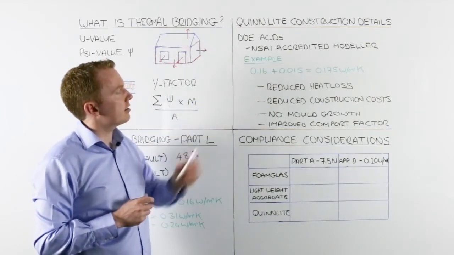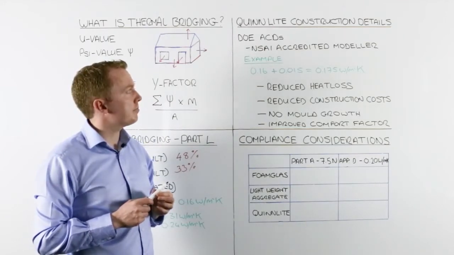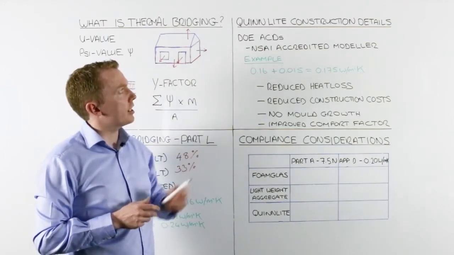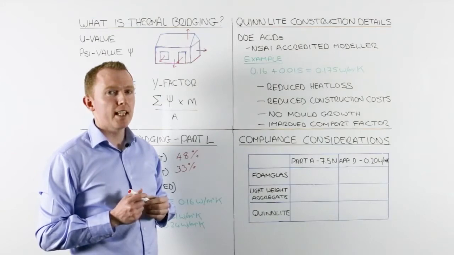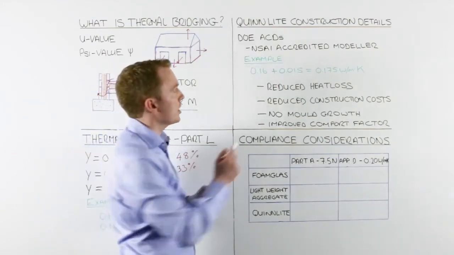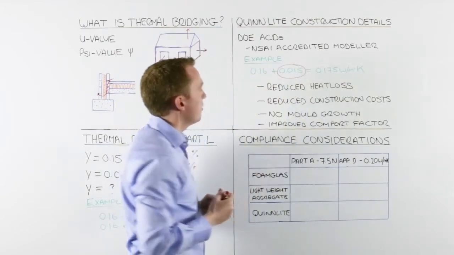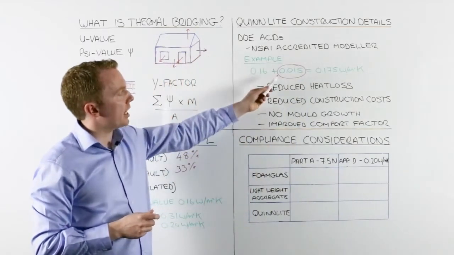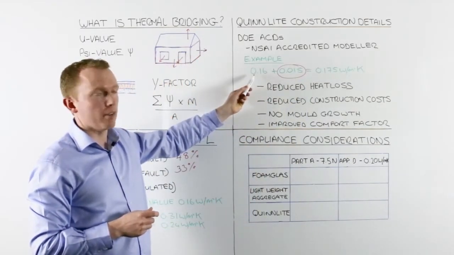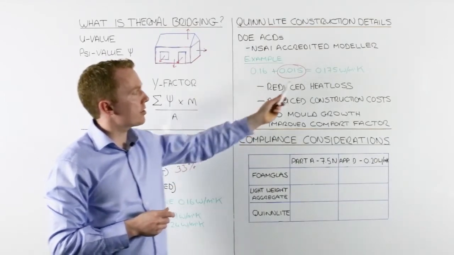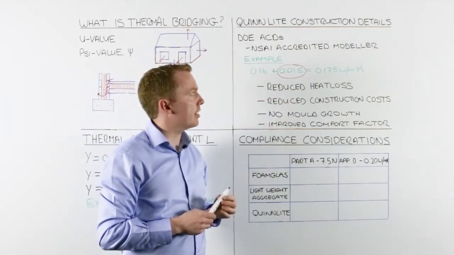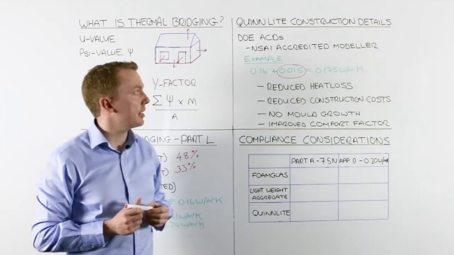So if we look then at our example, using our Quinlite construction details, we can calculate Y factors as low as 0.015. So when we add this to our average U value, we get a heat loss of 0.175 watts per metre squared Kelvin.